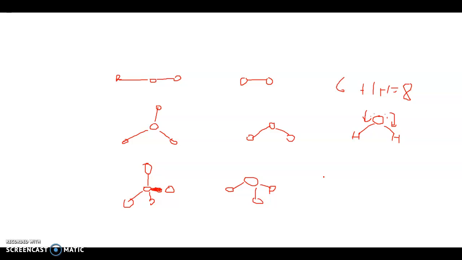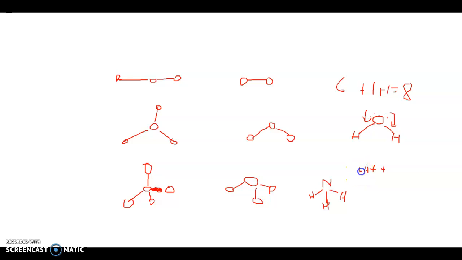Here's an example. Ammonia, NH3, is an example of this pyramidal shape, right? So you have 3 hydrogen atoms. Each of these hydrogen atoms has 1 electron. 1 plus 1, plus 1.